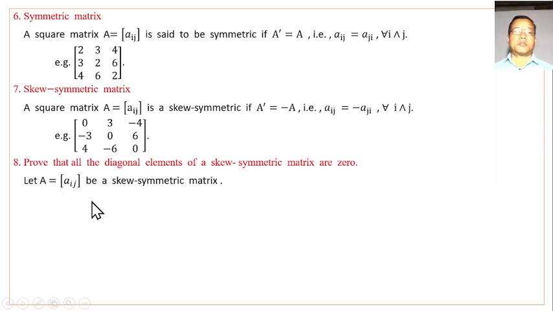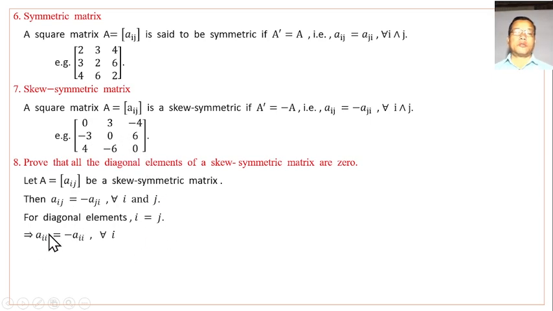Then by definition, A of suffix ij is equal to minus A ji for all i and j. For diagonal elements, I am assuming j equal to i. Then a_ii equals minus a_ii, so 2 a_ii is equal to 0, hence a_ii is equal to 0 for all i.